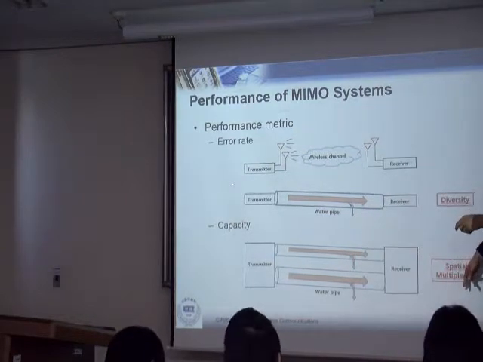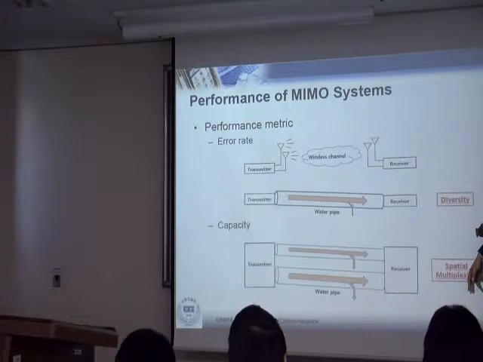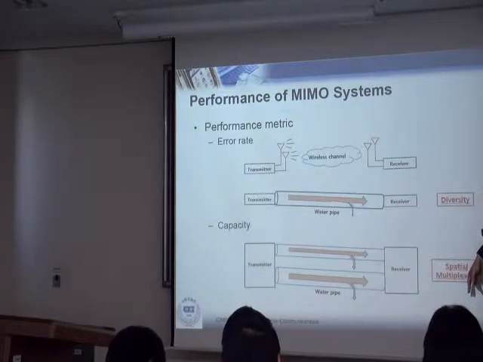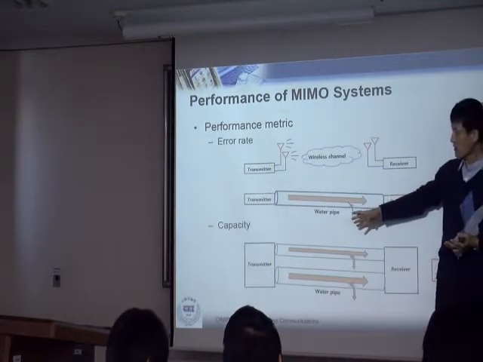So in this case, let's say I want to design a system like this. Then what would be the goal? If you think about this arrow, this arrow basically shows you the amount of water you deliver. You don't want to measure the amount of water you deliver in this case, right? Okay, that's capacity, right?